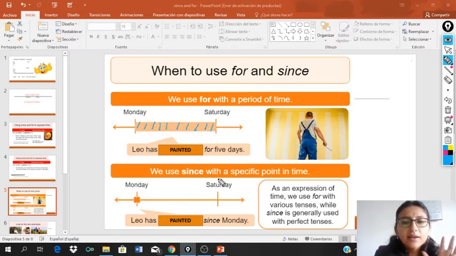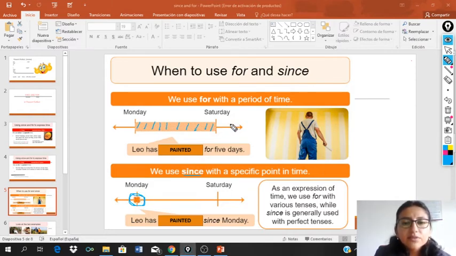Okay? It is a period of time. While we use since with a specific point in time. Leo has painted since Monday. Since Monday. Okay?